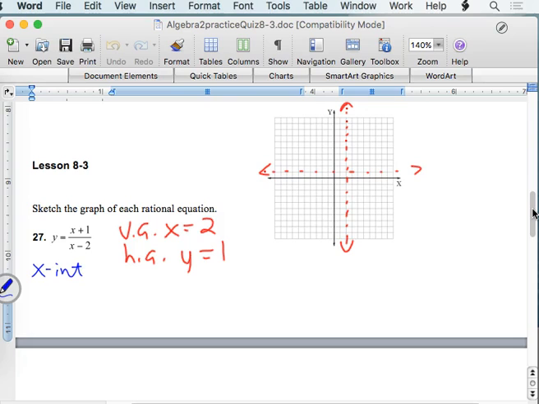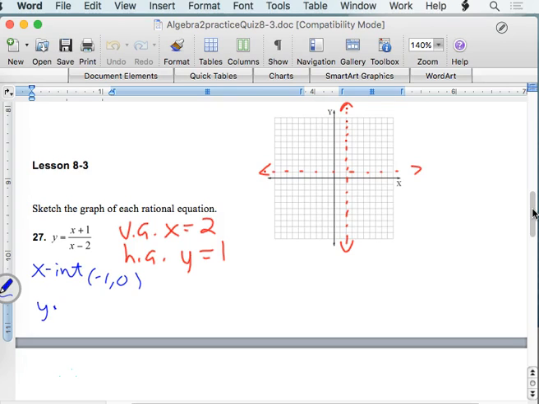Top, bottom, where? Top. Remember, the asymptotes come from the bottom. That's where the asymptotes come from. Now, just remember this. You can't divide by 0. That's why we have those asymptotes. Can you have a 0 on the top? Absolutely, you can get a 0 on the top. At -1, 0.